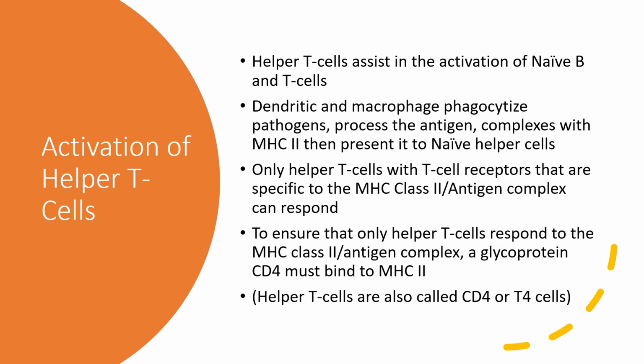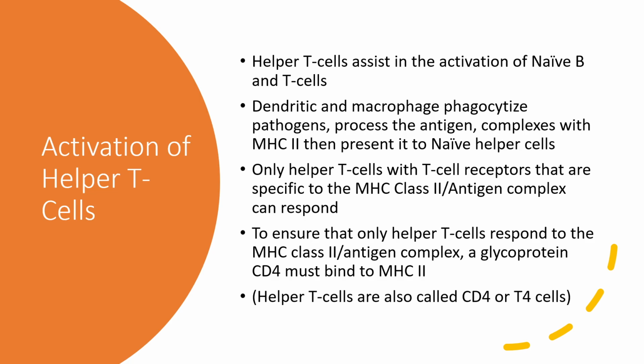So first is the activation of helper T cells. Helper T cells assist in the activation of naive B cells and other T cells, particularly our cytotoxic T cells. Dendritic cells and macrophages phagocytize our pathogens. They then process the antigen complexes with MHC2, then present them to our naive helper cells.